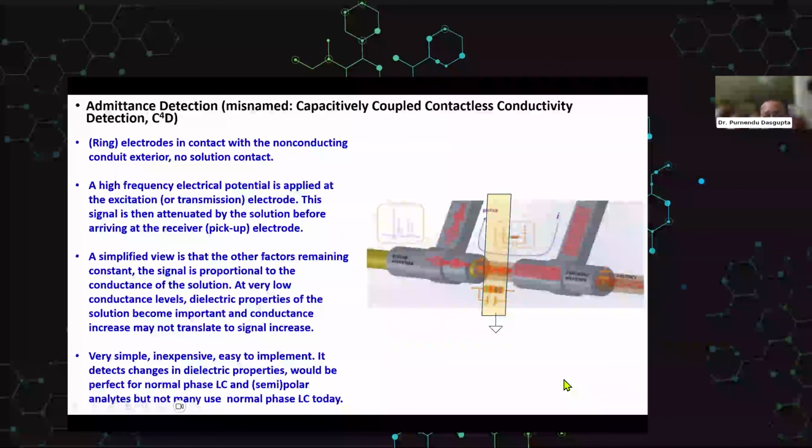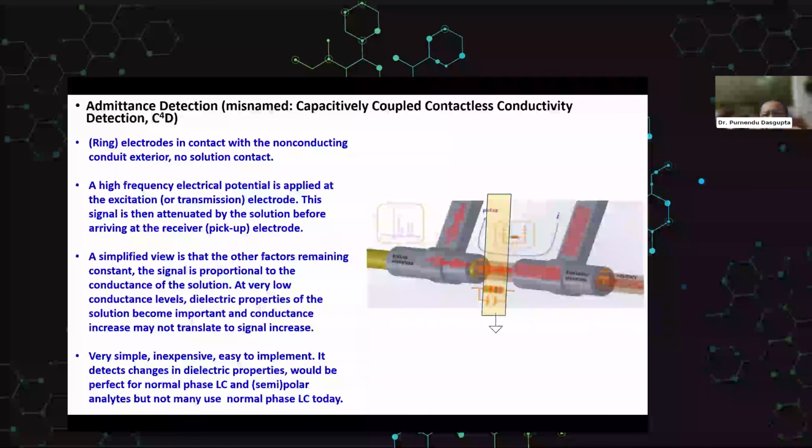Now you have these contactless conductivity detectors, commonly called C4D. They're basically a tube with two rings on them. The rings are very close together, 3-4 millimeters apart maximum, often sub-millimeter apart. What you do is apply a relatively high frequency AC potential to one of the electrodes.